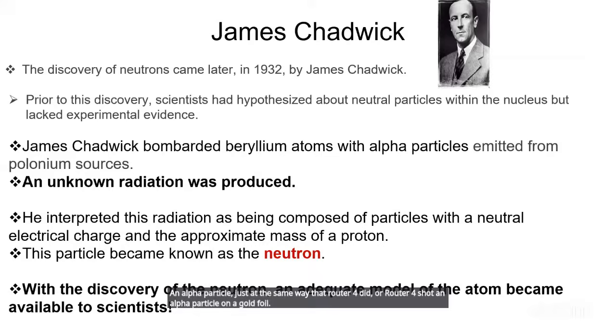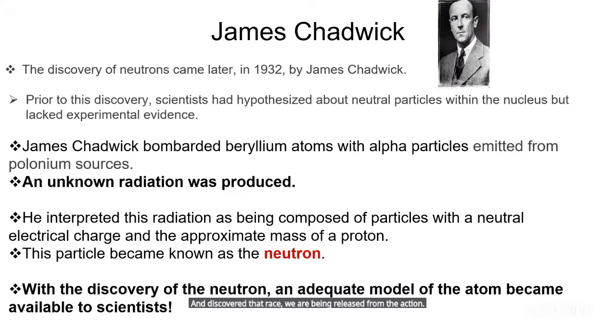But this one, James Chadwick shot an alpha particle on beryllium atoms. Now, this alpha particle was also generated from a polonium source. He shot an alpha particle on the beryllium atoms and discovered that rays were being released from the atom.